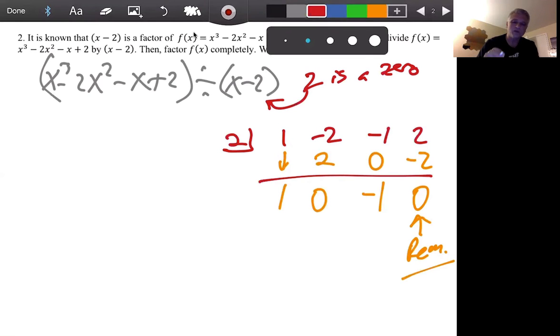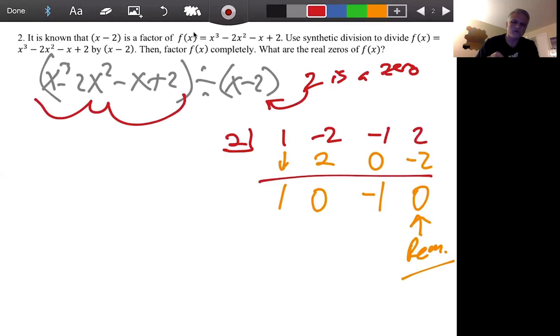Okay, so we are going to now use our answer here to factor. So x cubed minus 2x squared minus x plus 2 is going to be rewritten as, we just said x minus 2 is a factor, but x minus 2 times what gives me that polynomial?